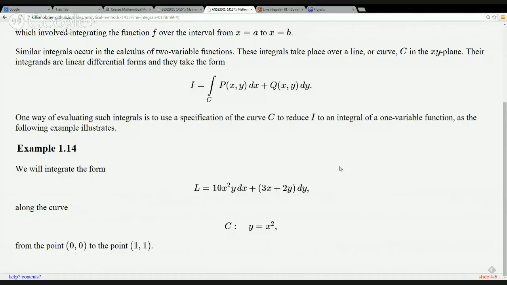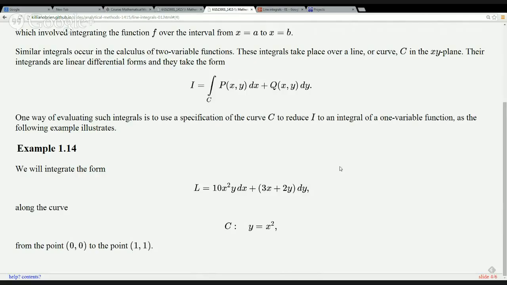we want to integrate the form 10x squared y dx plus 3x plus 2y dy along a curve C, where C is a curve in the plane defined by y equals x squared, going from the origin to the point (1,1).